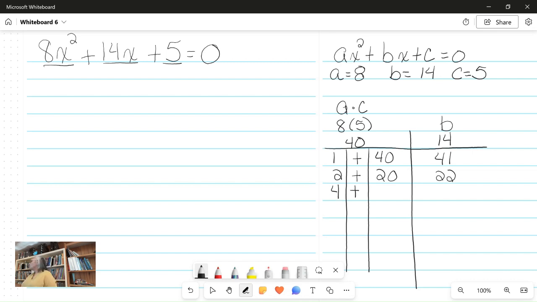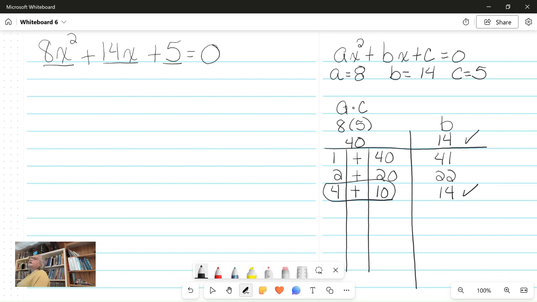So I have 4 and 10, and 4 plus 10 equals 14. 14 is what I'm looking for, so I'm going to stop right there. These two are the factors that I'm going to use to come back over to my original equation, and we're going to factor this from there.